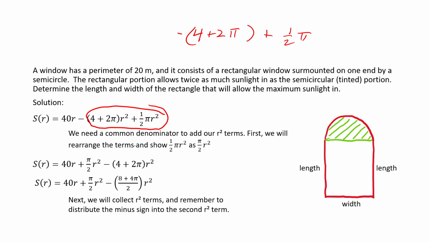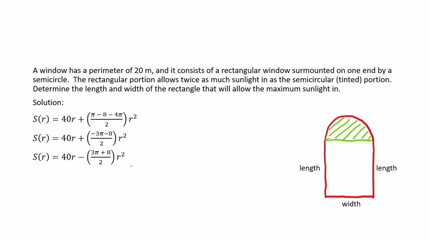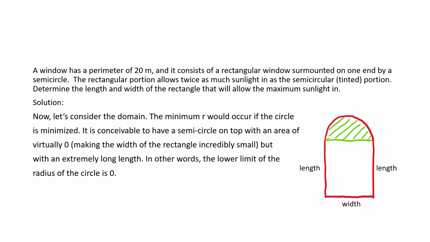So what we can do is make this have a denominator of 2. And when we do that, we get our polynomial looking like this. And we're going to remember that we need to distribute this minus sign to the 8 and to the 4 pi. And so when we do that, ultimately we get that the surface area as a function of r is equal to 40r minus, and then the quantity is 3 pi plus 8 all over 2. And that's the coefficient of r squared.